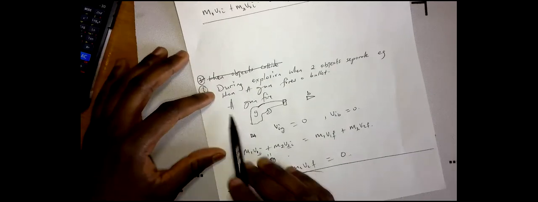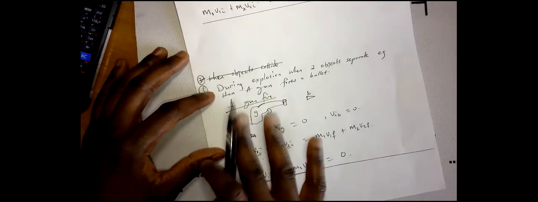Okay, let's see what's our next. I've just seen something here that I forgot to indicate. So in terms of a gunfire, in this scenario of explosion, this is what you have.